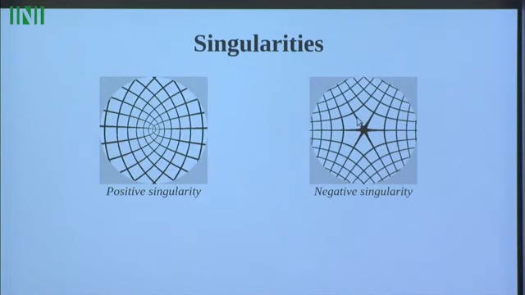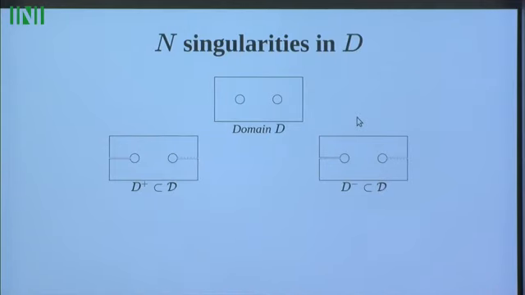So here we call it a positive singularity, because if you look at the degree of W on the boundary of this circle, it is equal to +1, and on the boundary of this one it's -1. That is why we call it a negative singularity. Okay, so the case of one singularity is okay, but if you have more than one singularity, then it doesn't work anymore. You have to do something else. So we have to study a little bit more what is the topology of the manifold D.